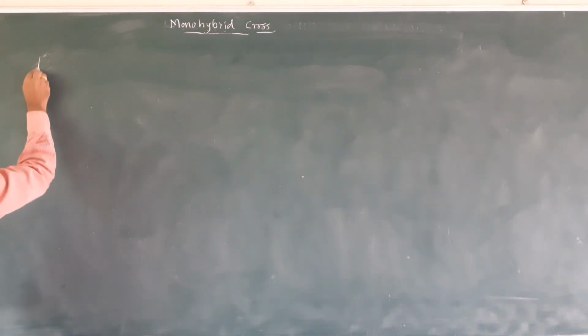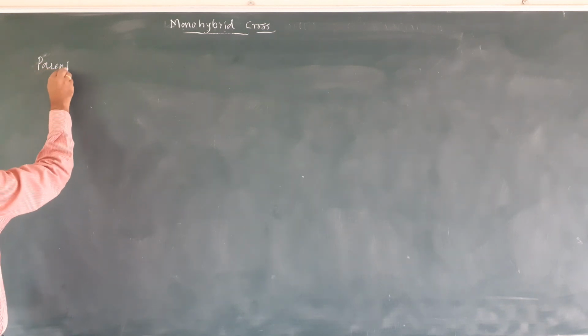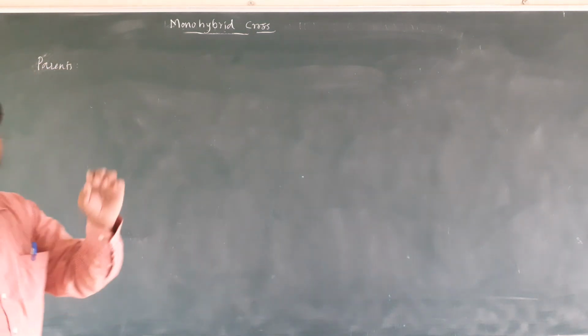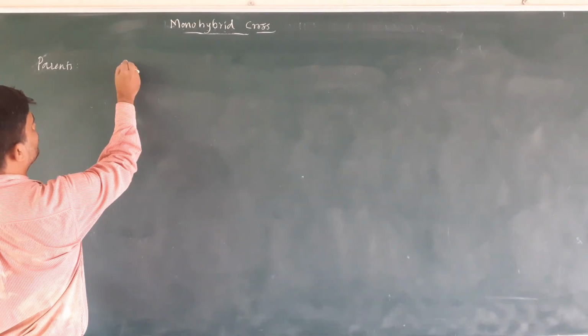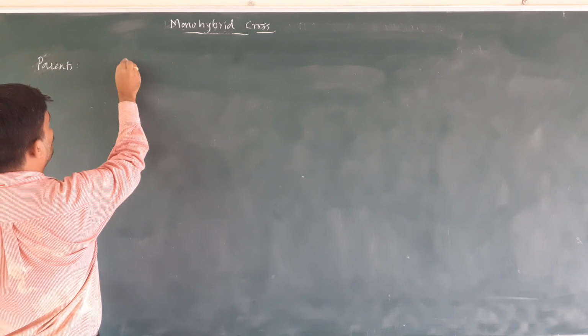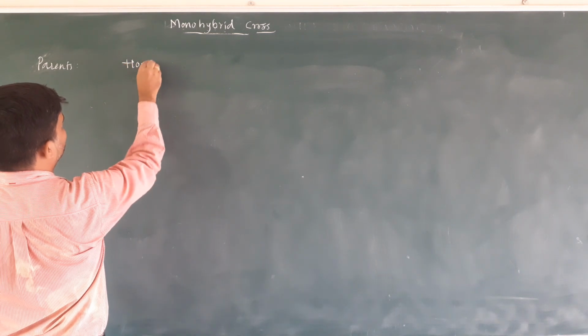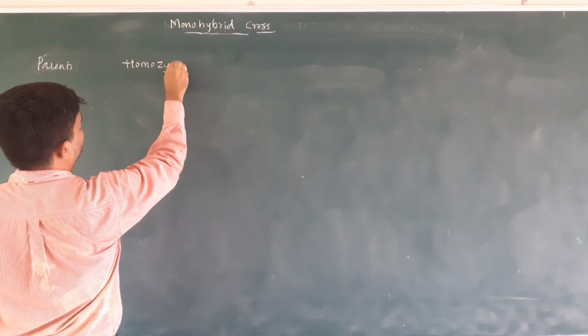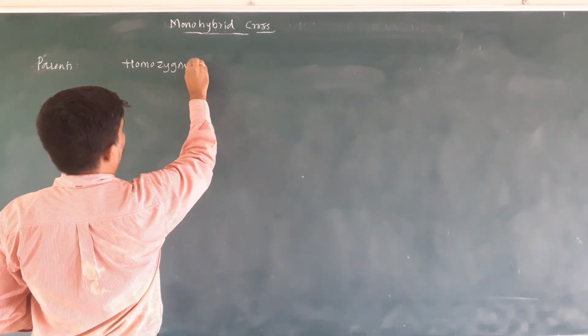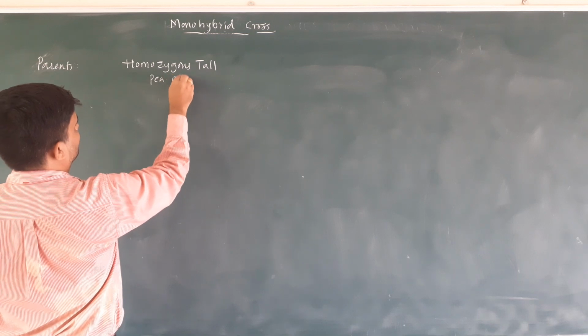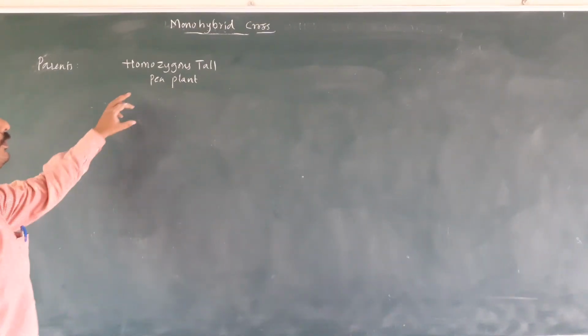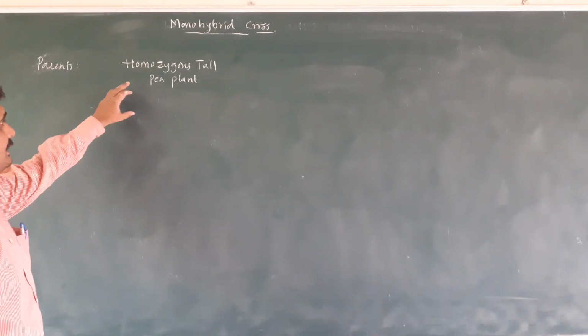Mendel chose two parents. As I mentioned, he collected the pure line cultures. He took the homozygous tall pea plant.